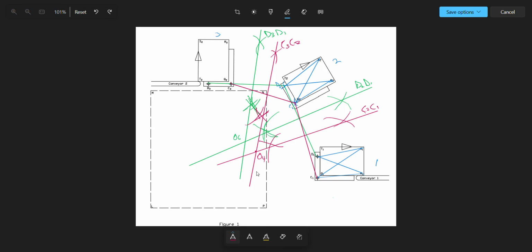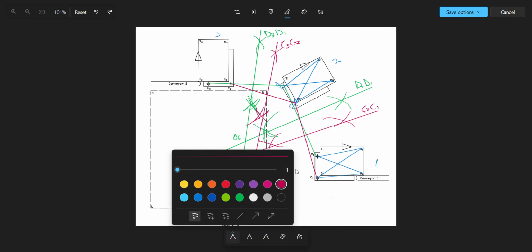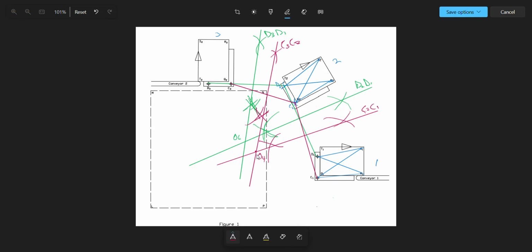So after that, now we are going to join for the O4. Let me use the red color. So we are going to join O4 to all the C's with short dashes, from the question. So short dashes like this.